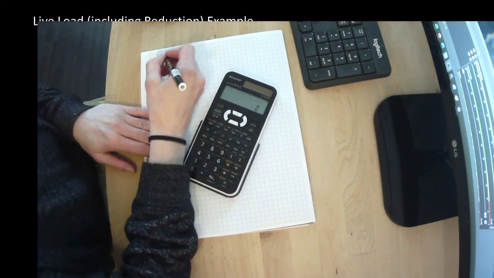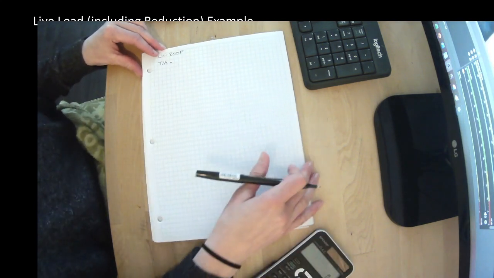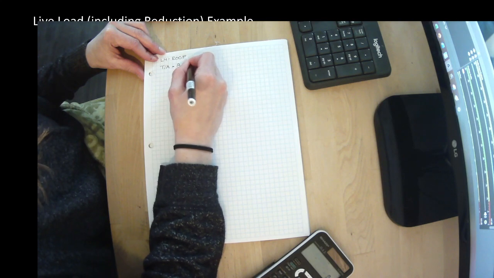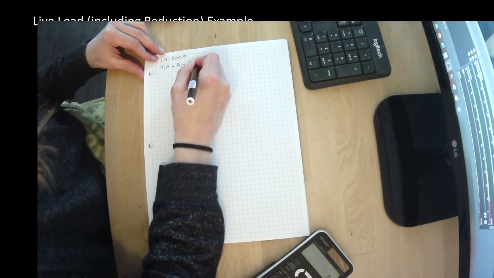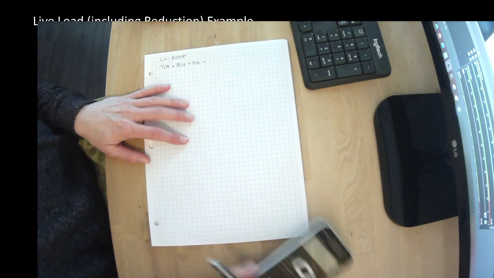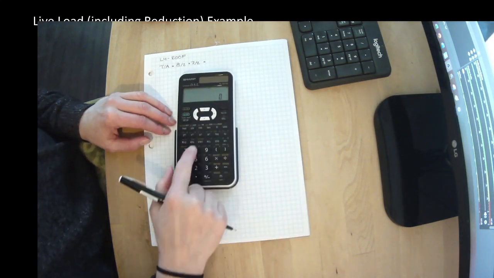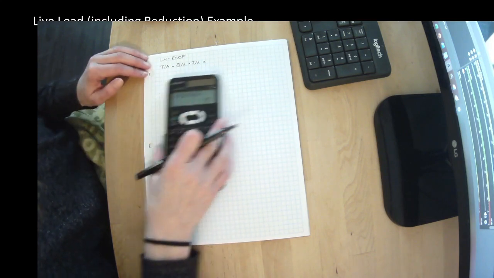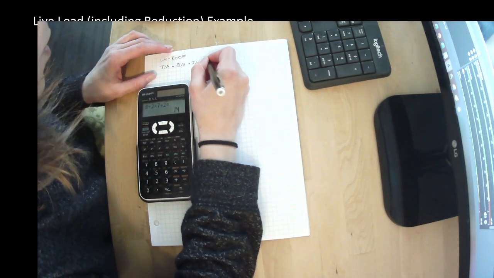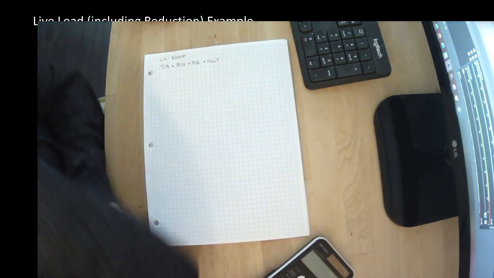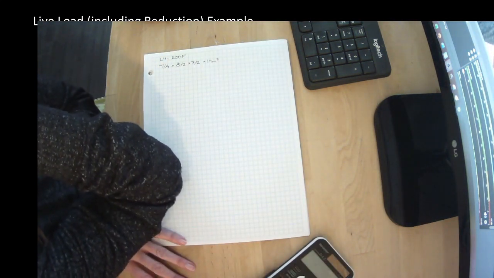So tributary area is going to be 8 meters divided by 2 times 7 meters divided by 2. 8 divided by 2 times 7 divided by 2 gives us 14 meters squared. Now, let's just think for a second. What's the live load on our roof?